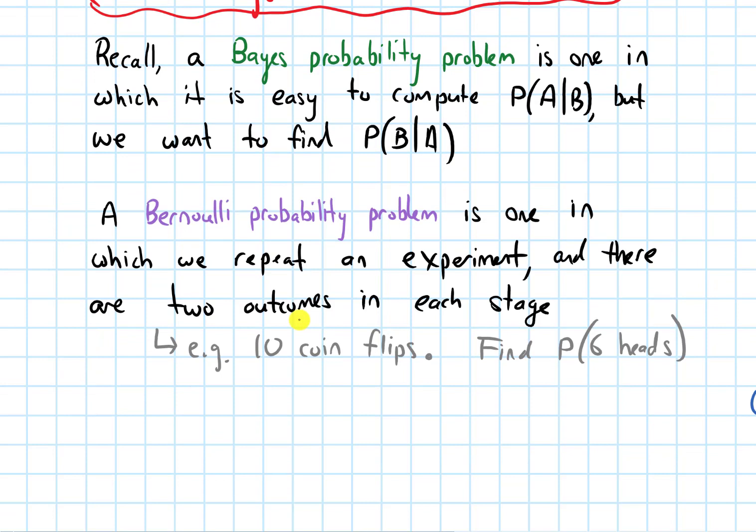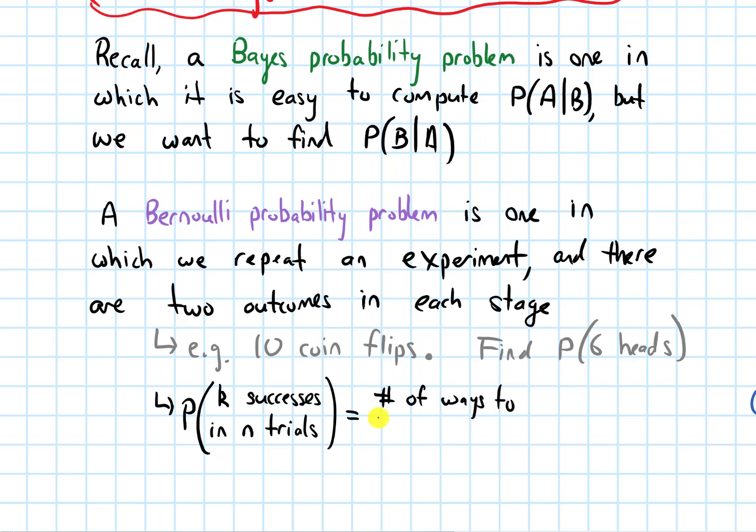So when we do have a Bernoulli situation, recall that for the probability of having k successes in n trials, one of the things I need to do is count the number of ways to have k successes in n trials.